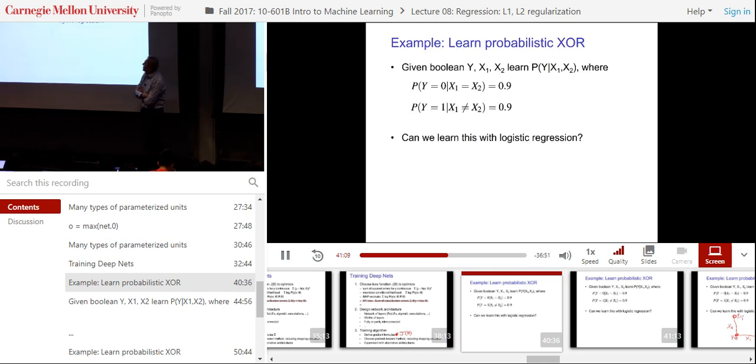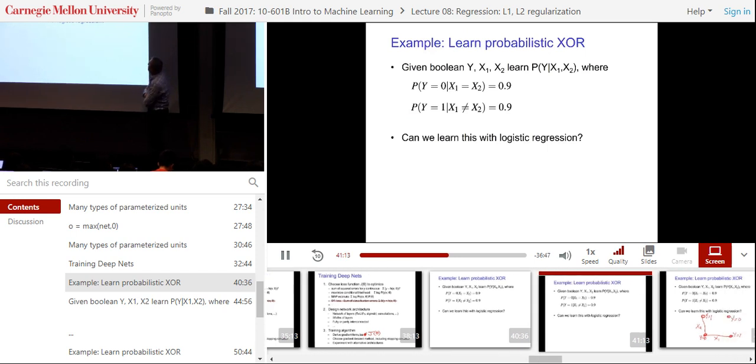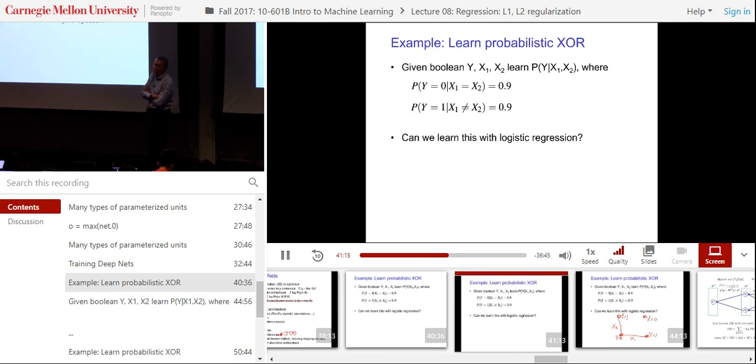My function has just two inputs, Boolean x1 and x2, and just one output, which is a Boolean y. I want to learn P(y | x1, x2). And here's the secret target function that I have in mind. Again, x1 and x2 are Boolean, but if they have the same value, then with probability 0.9, I'm going to output y equals 0.